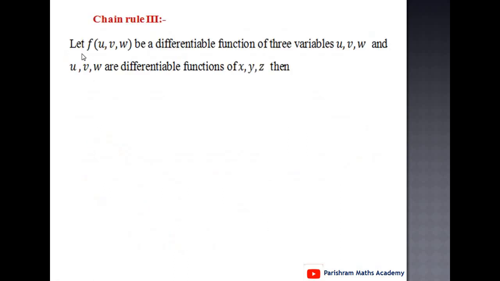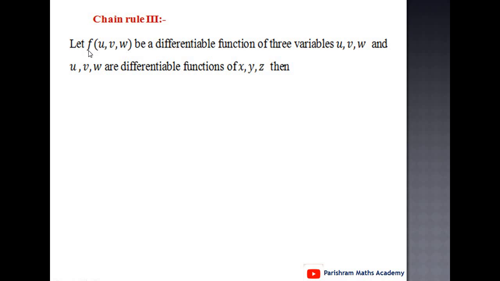Then chain rule third. If f(u, v, w) be a differentiable function of three variables u, v, w, and u, v, w are differentiable functions of x, y, z, then here f is a function of u, v, w, which are functions of x, y, z.